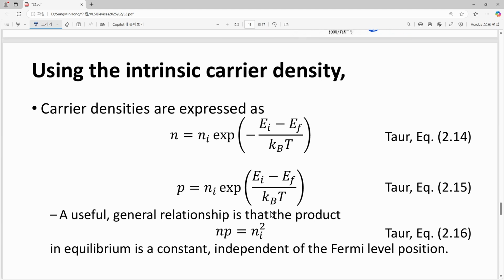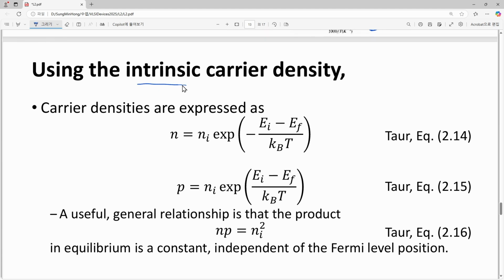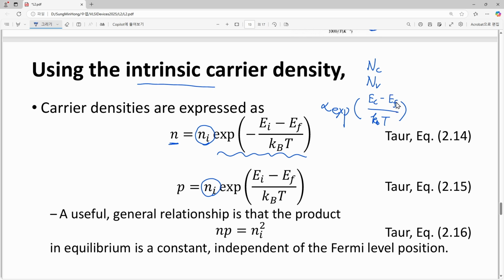Okay, then using this intrinsic carrier density instead of Nc and Nv, carrier densities can be expressed in this way. Electron density is proportional to ni and the exponential of something. Of course, electron density follows this dependency: EC minus EF over kBT.